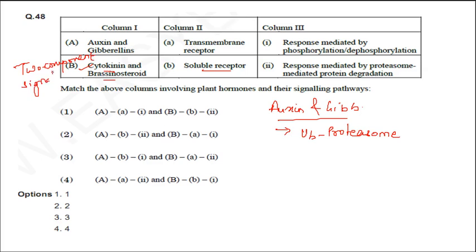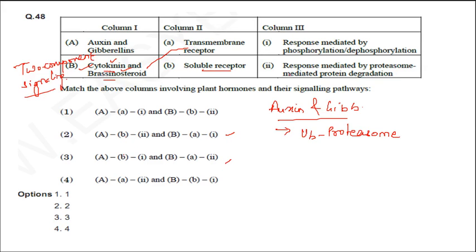So cytokinin follows the two component histidine kinase pathway, and the receptors for cytokinin and brassinosteroid are transmembrane receptors. So B will be A, which is here and here, and A will be B, which is here and here.